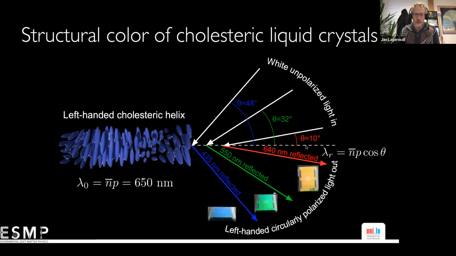So what effectively happens with these types of cholesteric liquid crystals, if the pitch, the period of the helix, is short enough, which typically means a few hundred nanometers, then if the light enters exactly along the helix, the wavelength that cannot propagate is the wavelength that is equal to the pitch in the material.